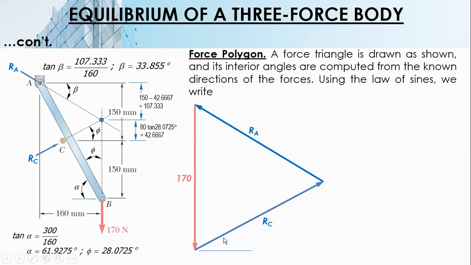The direction of RC, phi, right? The direction of RC from the horizontal is 28.0725. Therefore, we can compute this one, 90 minus phi, 61. On the RA side, this is beta, which is 33.855. We also computed this one, 90 minus this one.